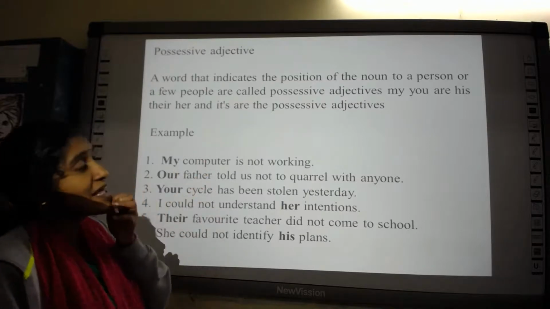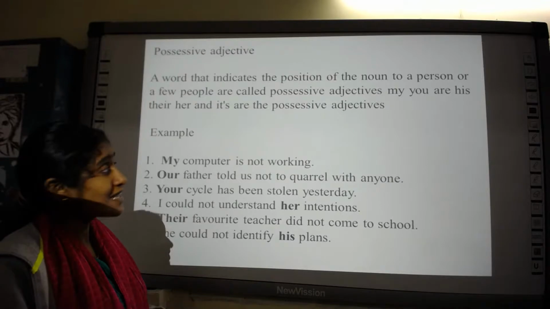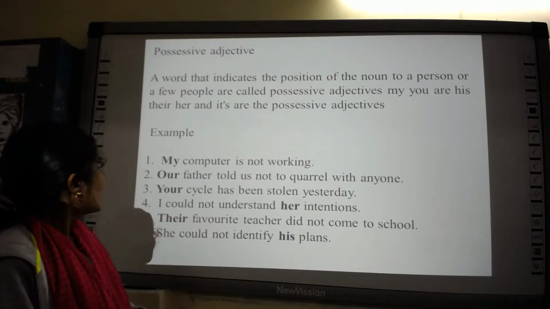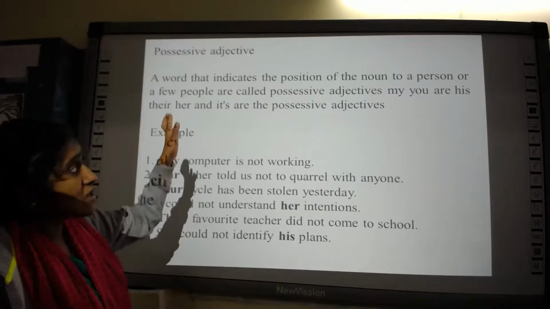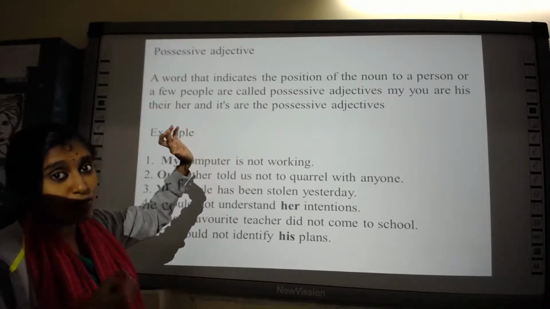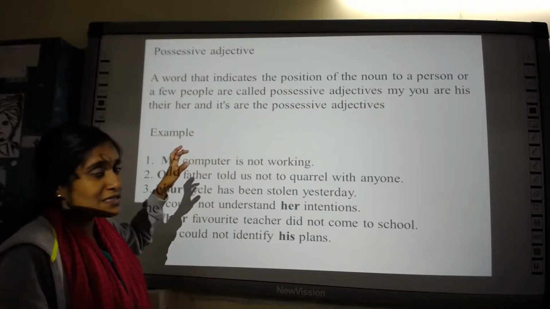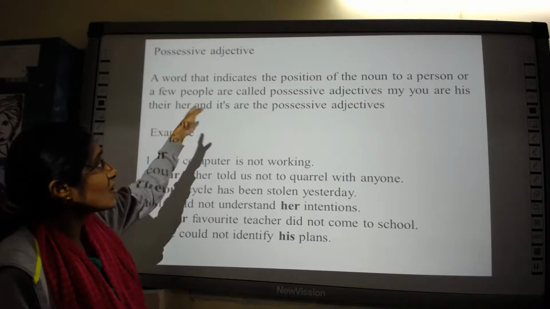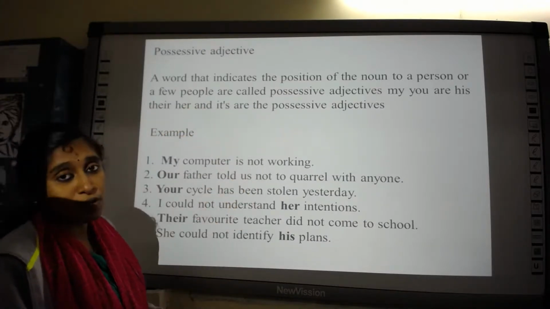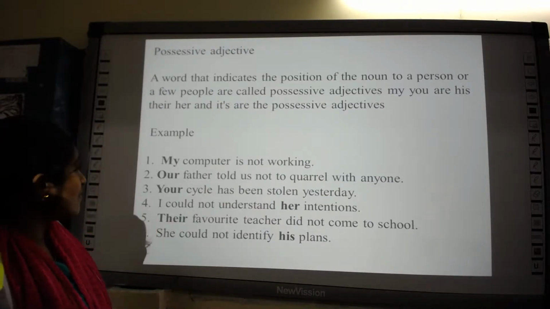Possession means whose it is. It is mine, his, her, or theirs, etc. So it shows the possession of the noun by a person or a few people. Such adjectives are called possessive adjectives.